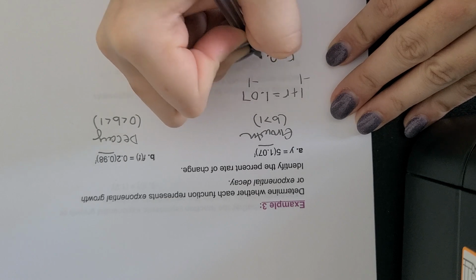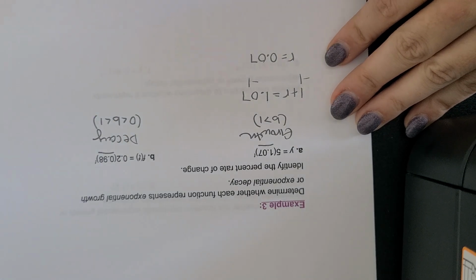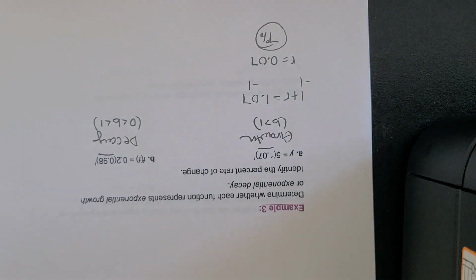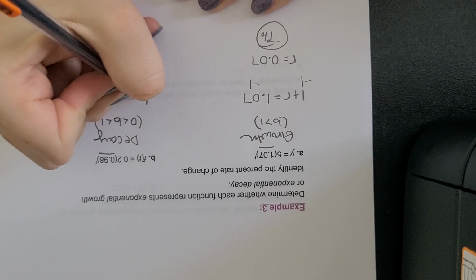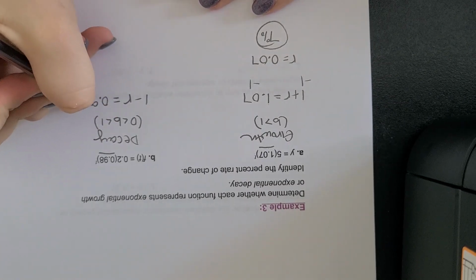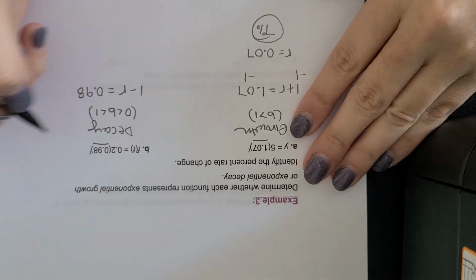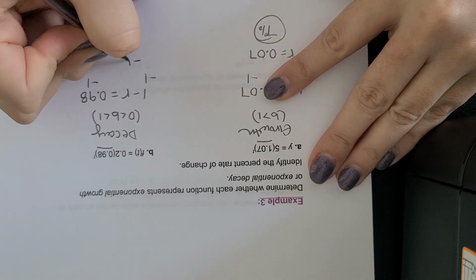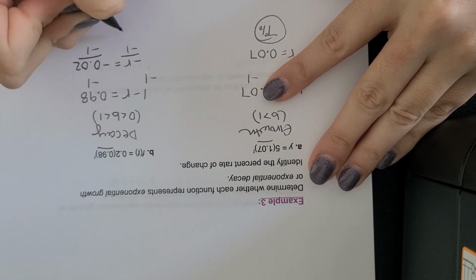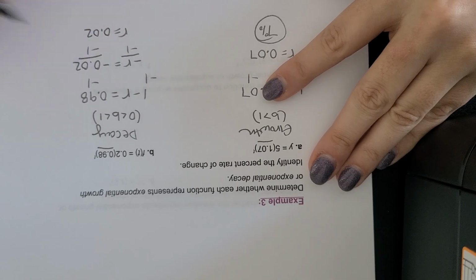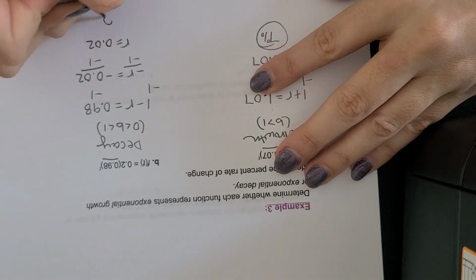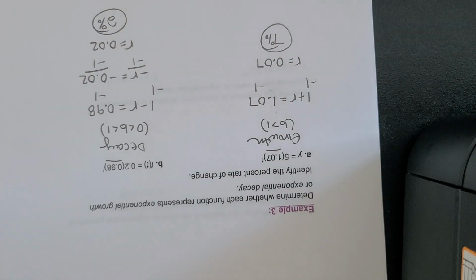So r is 0.07, which as a percent is 7%. Here it is 1 minus r. When I have decay, it's 1 minus the rate, which gives me 0.98. Which gives me 0.02 as my rate in decimal form, which will be 2%.